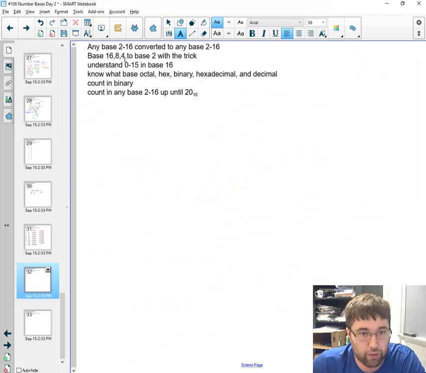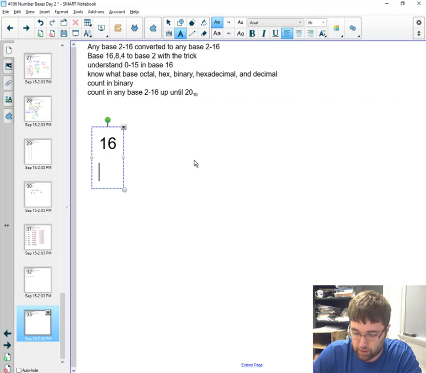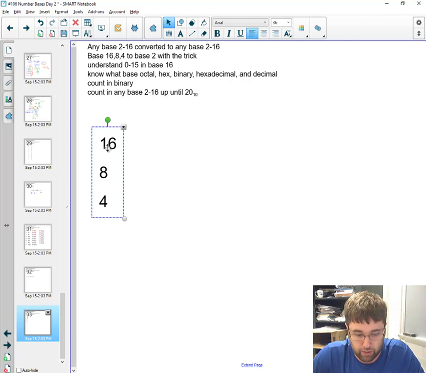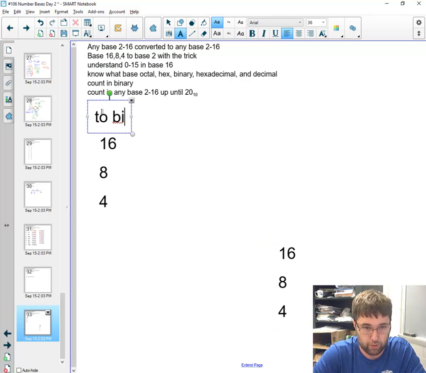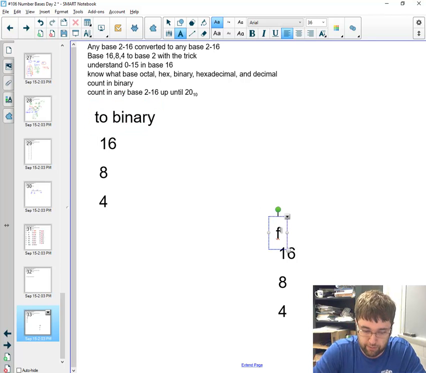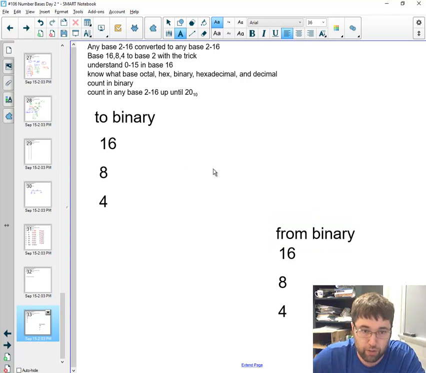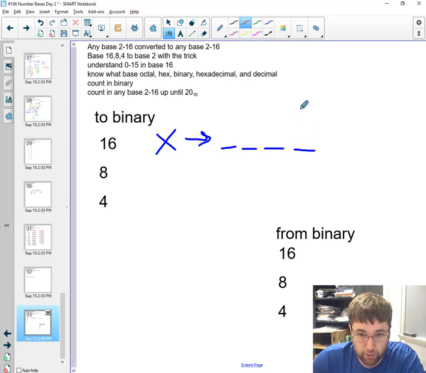So the other thing we need to do is to know the base 16, 8, 4 trick. Base 16, 8, 4 to binary, and then from binary, which are two different things. So what we need to do here is, if it's base 16, for every digit we have 4 digits of values 1, 2, 4, 8.